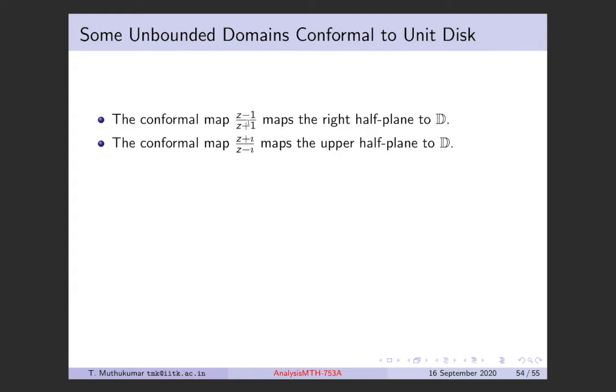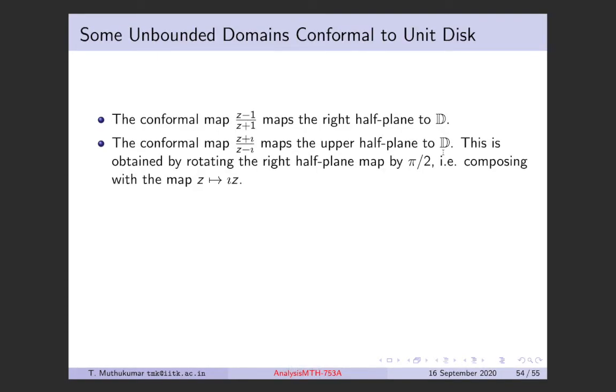So what you need to do is compose this conformal map with a 90-degree rotation. A 90-degree rotation basically means multiplying by the complex number i. So if you multiply the complex number i into this map, this is precisely what you get. This is the map which conformally maps the upper half plane to the unit disk.